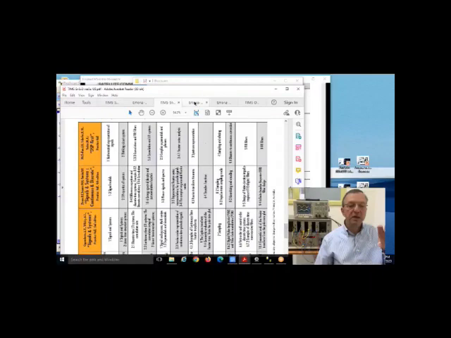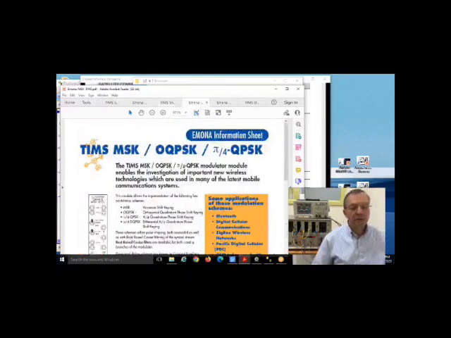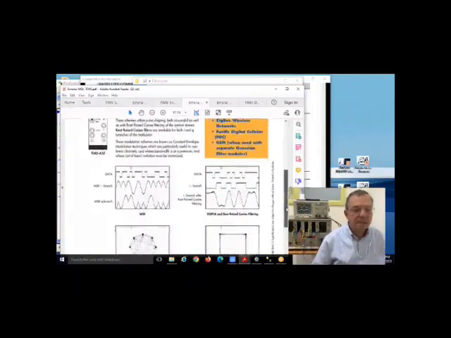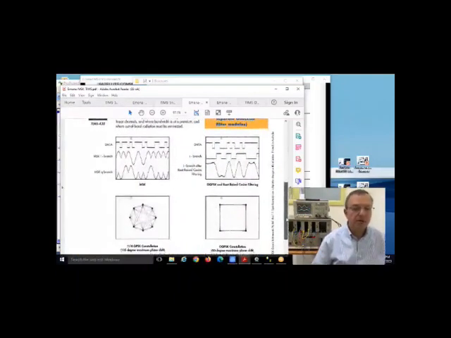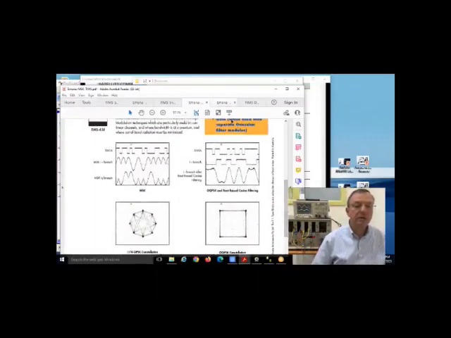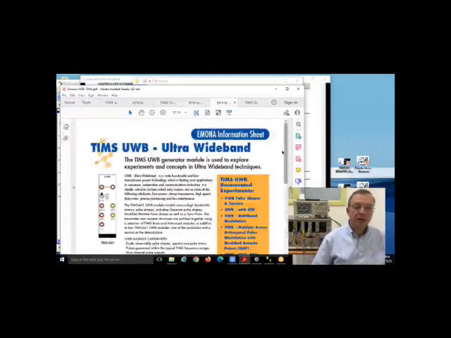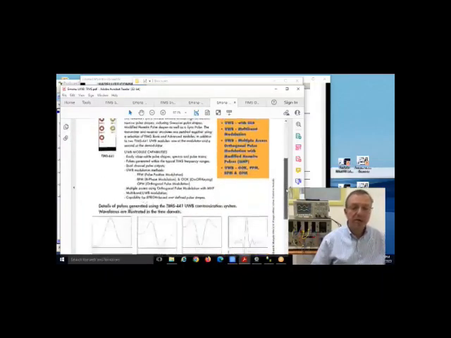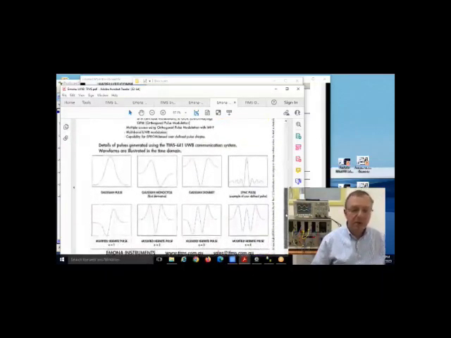I'll now just very quickly go through, for example, MSK, OQPSK, Pi/4 DQPSK, QPSK, where again the students actually see the real signals in real time. These are constant amplitude schemes. Ultra wideband: again, we implement ultra wideband, but at 100 kilohertz.